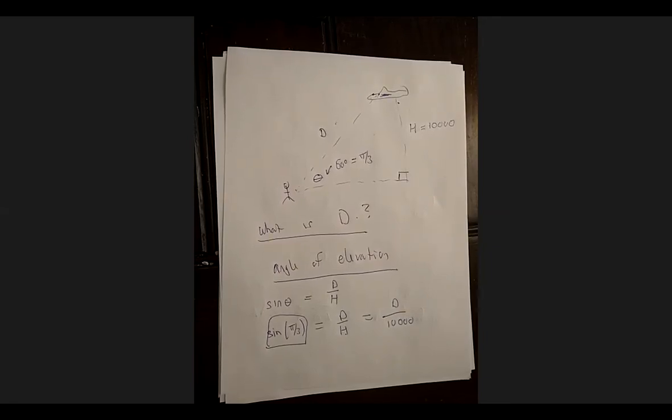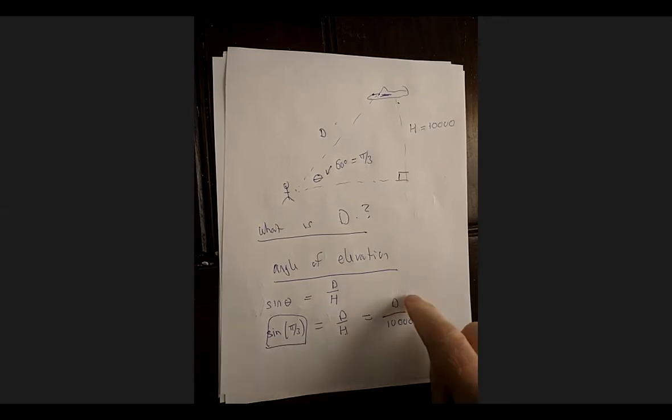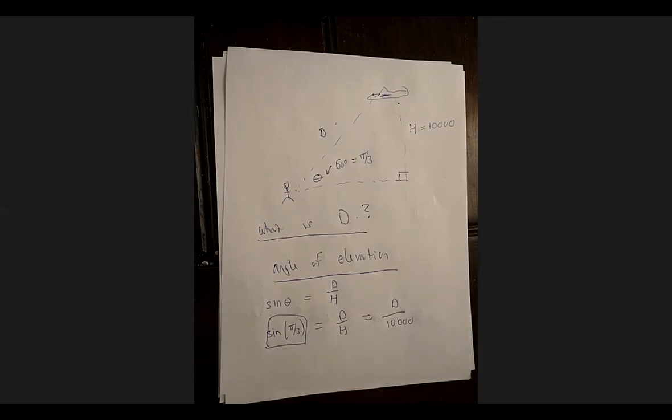It's one of those famous angles, that again, I suggest having on a formula sheet or something like that. So if you can figure out what this is, then notice you just have one unknown, the D.